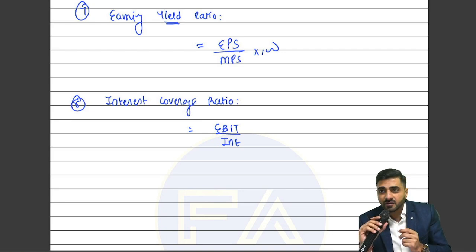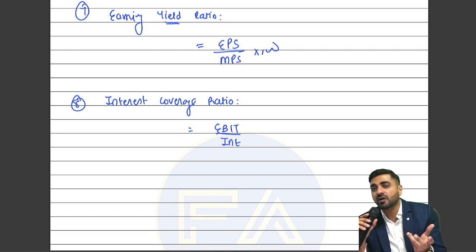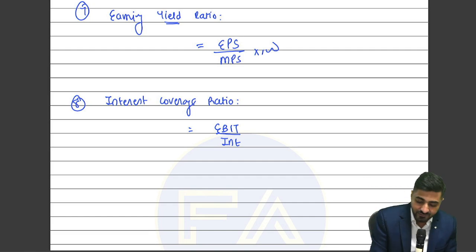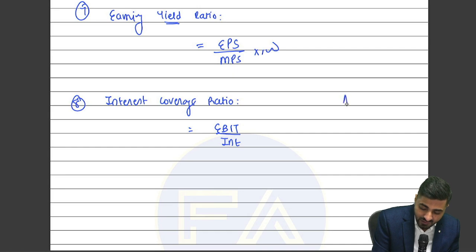Because we always pay our interest from EBIT. Let's say for example there is RIL and BIL. RIL has an EBIT of 100 crores and has to pay interest of 50. I also have to pay interest of 50, but I have an EBIT of 500 crores.